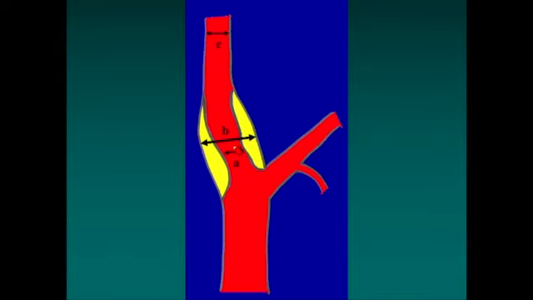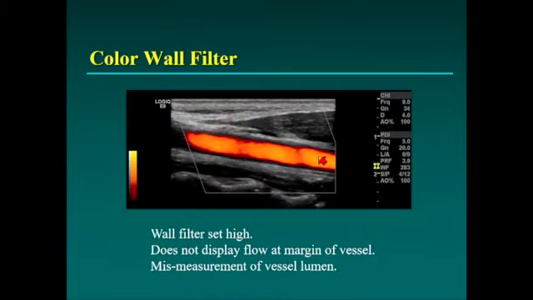But with ultrasound, of course, we can see the true narrowing. We can see the walls on both sides, and we can obtain a true measure of the narrowing at that one point. Well, if you're a fan of that sort of thing, you have to be a little bit careful.